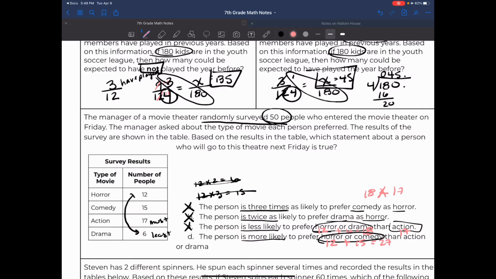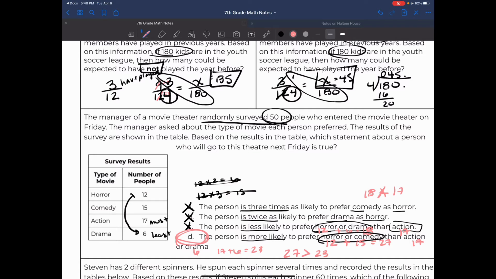Action is 17 and drama is 6. So let's put together 17 and 6 in your head. Should have gotten 23. All right. Is it more likely, is 27 bigger than 23, basically? More likely to prefer horror or comedy than action or drama? And yes, considering 27 is greater than 23, answer choice D is my final answer.